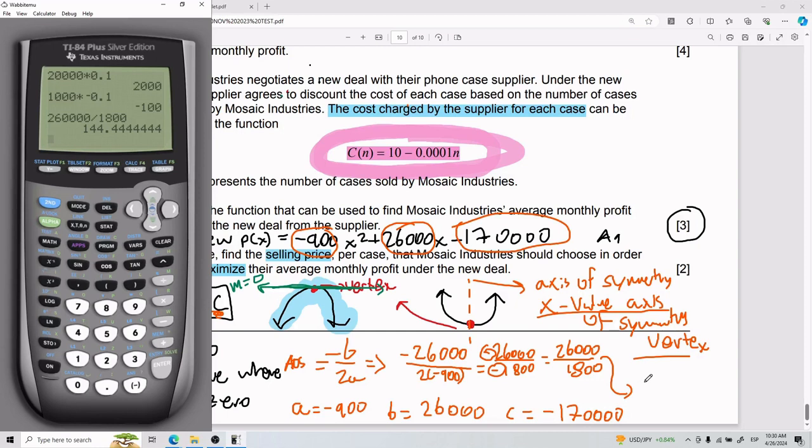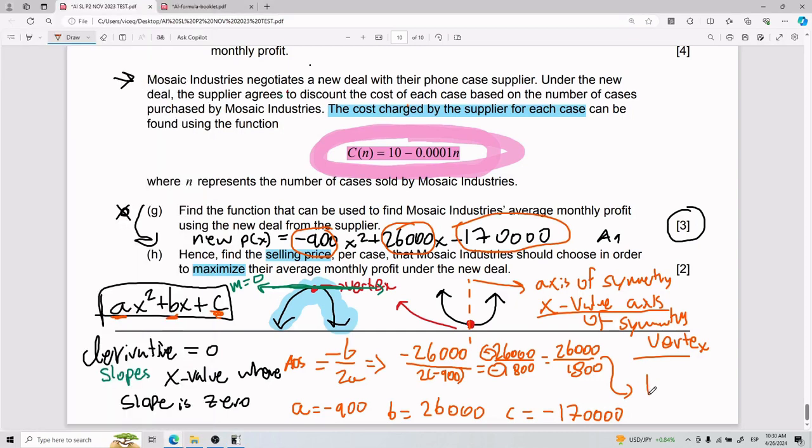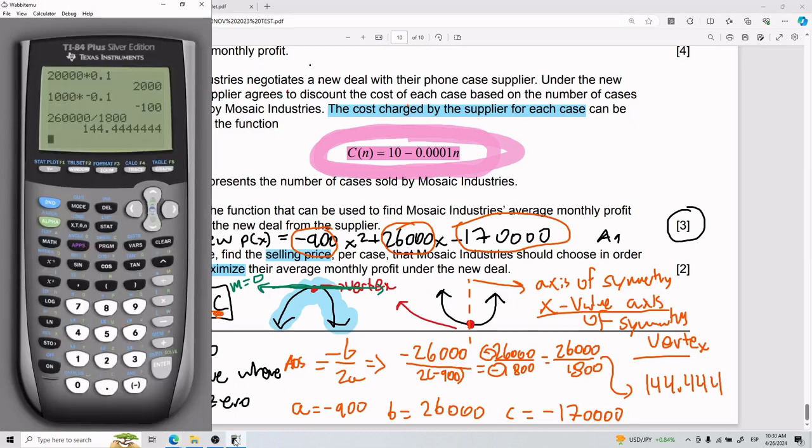144.444. All right. 2 times this, 26,000. All right, looks clean to me.